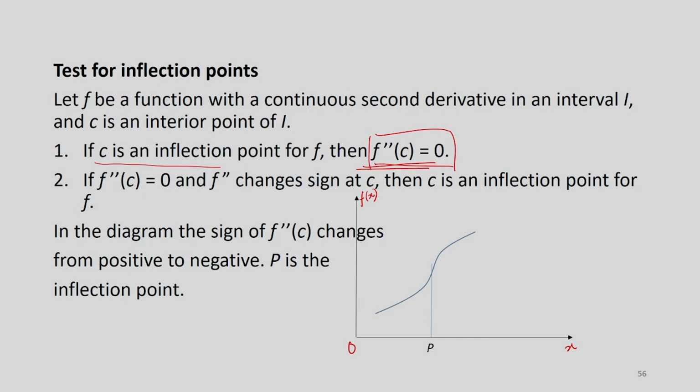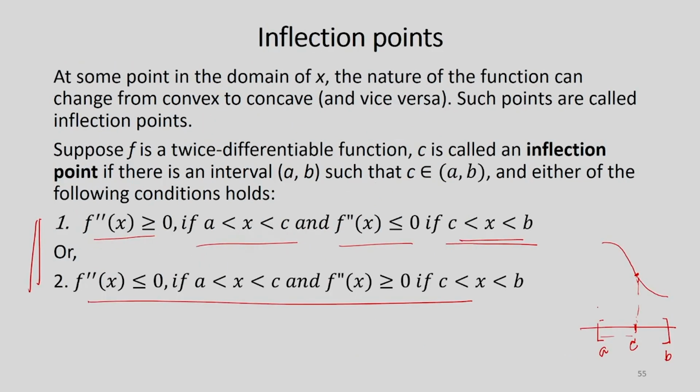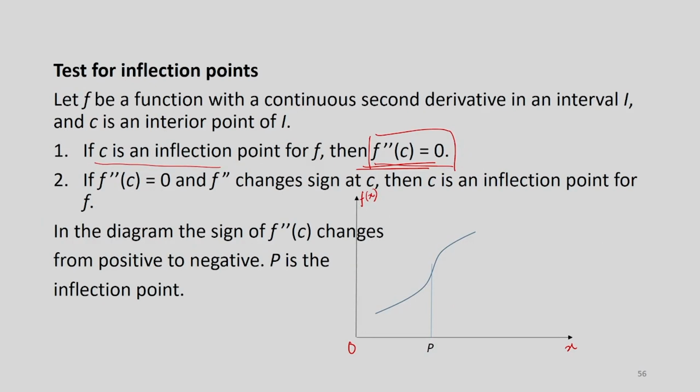Well, that should have come to you intuitively, because if we go back to the first principle of an inflection point, then at c, that is the inflection point, the sign of the second derivative either changes from positive to negative or changes from negative to positive. That means, at c there is a possibility that it is equal to 0. So, that is the intuition that we are applying here, because it is a twice differentiable function.